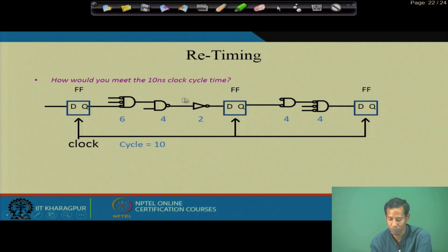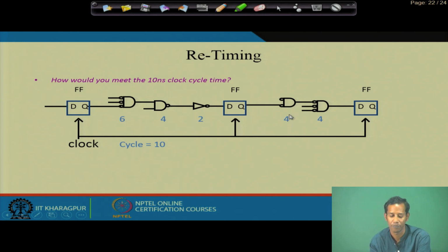Suppose we have one circuit like this. Here the delay of this gate is 6, delay of this is 4 and the delay of this is 2. So, 6 plus 4 plus 2, the path delay is 12, and here we have two gates, one is 4, another one is 4.